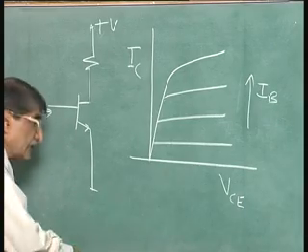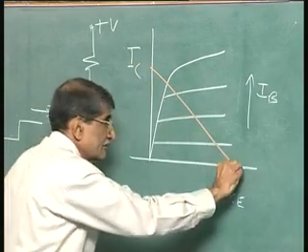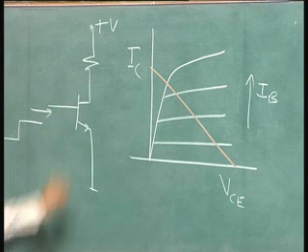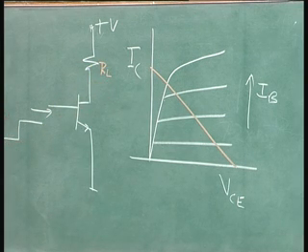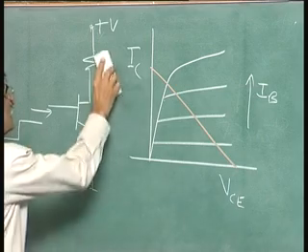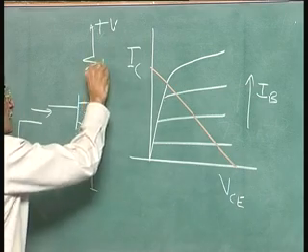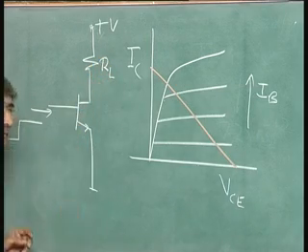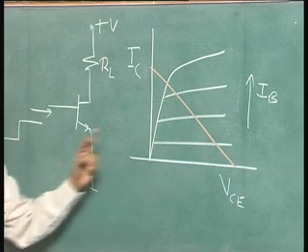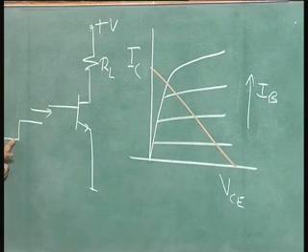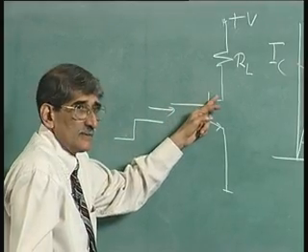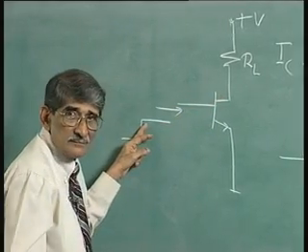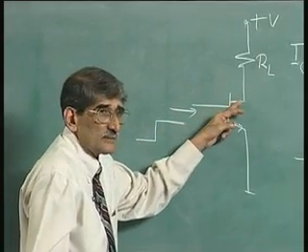Now, you can draw a load line on that, RL, which is the load line. When there is 0 here, the device is off, and when it is 1, it is totally on.